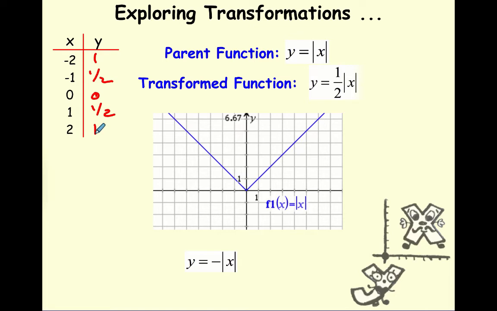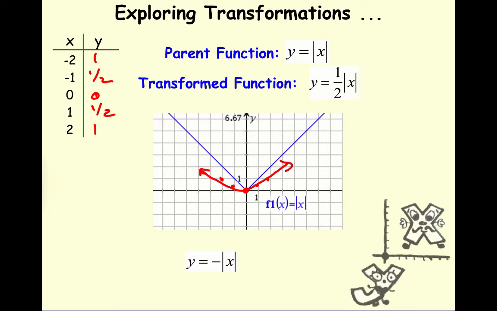I get this for my table of values. And when I graph those points, my vertex is in the same spot, 0, 0. I got -1.5, -2, 1, and then I have these points as well. Sorry, it's not a beautiful graph, but let's look at those distances again.